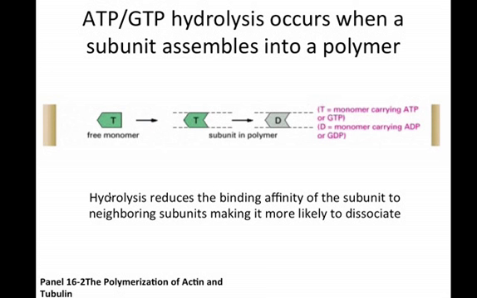It's part of being added. GTP or ATP hydrolysis reduces the binding affinity of the subunit to the neighboring subunits, making it more likely to dissociate, which is why when you lose your GTP cap, you're more likely to disassemble.